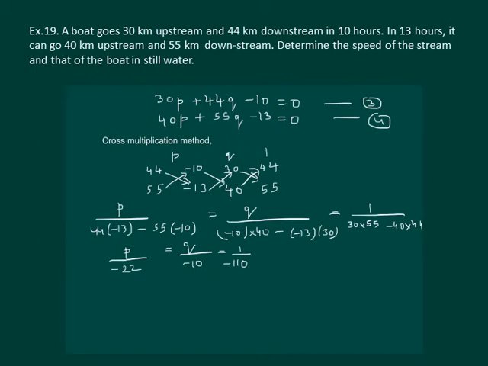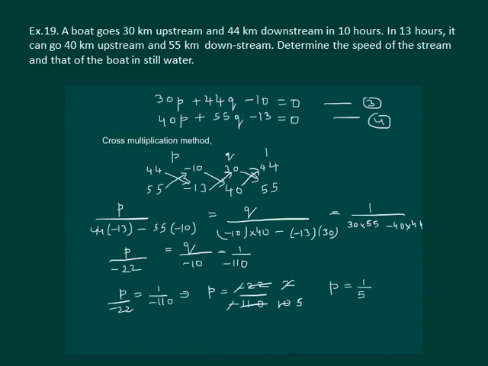From here, p by minus 22 equal to 1 by minus 110. This will give us p equal to minus 22 by minus 110. Minus gets cancelled. We can cancel these with 11 and find that p equal to 1 by 5.